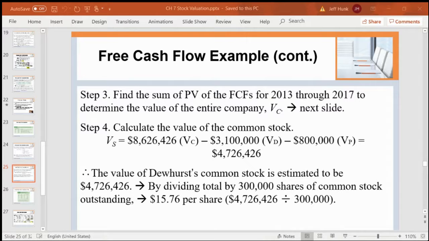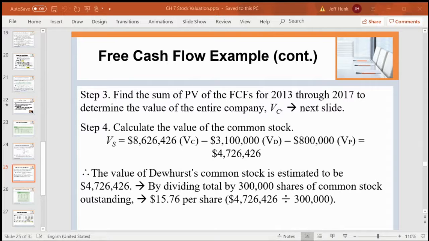From this, I take away these two, and then I'm left with the aggregate value of the common stock, or the common equity.